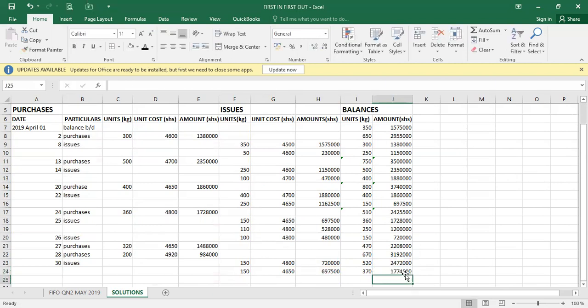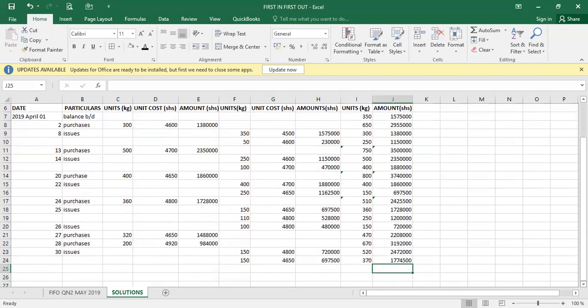So our closing stock is going to be this. This is the figure for the closing stock. The closing stock in units. This is the closing stock in units, and this is the figure of closing stock.